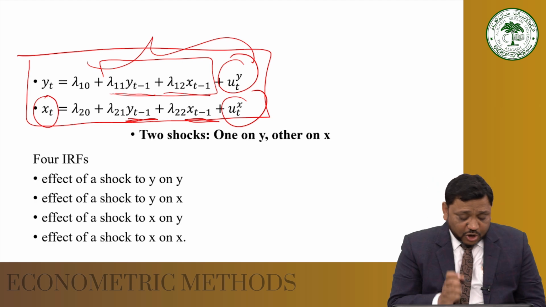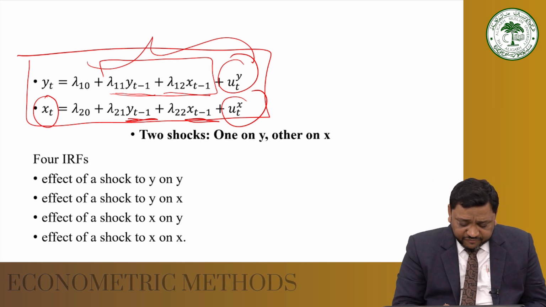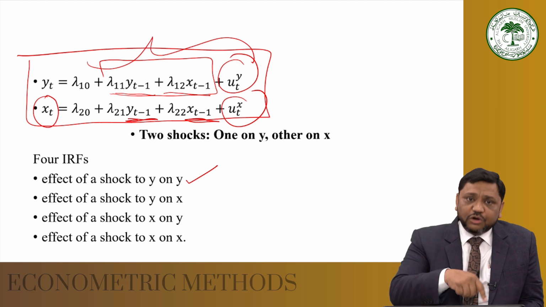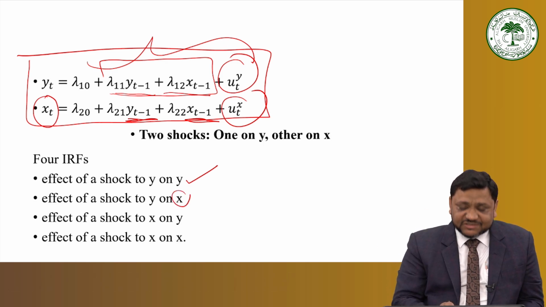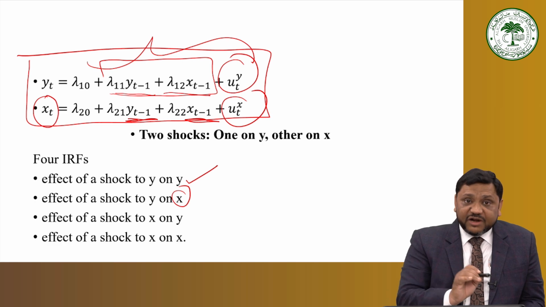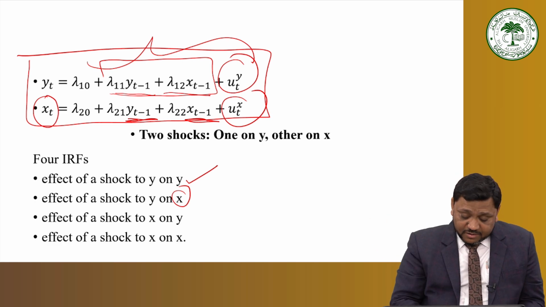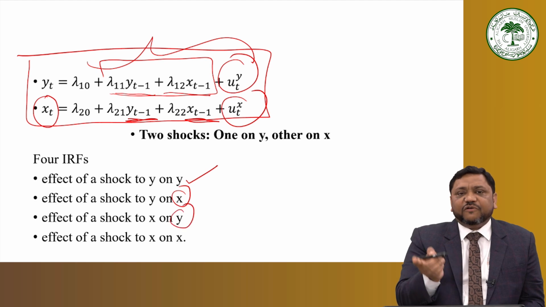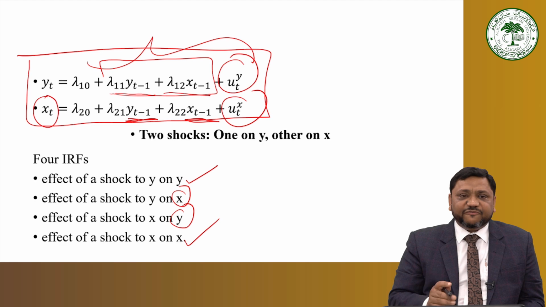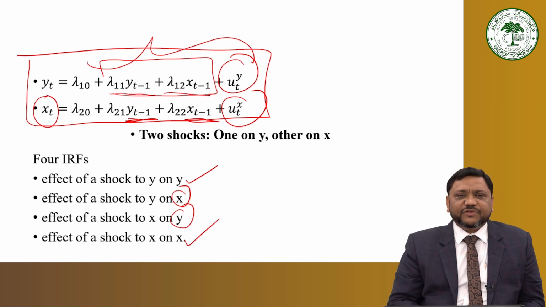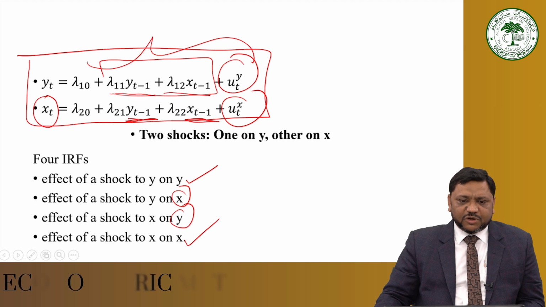When there are two shocks, there will be four cases: the effect of a shock to y on y, the effect of a shock to y on x, the effect of a shock to x on y, and the effect of a shock to x on x. These are the four things we will be seeing in our discussion of the impulse response function.